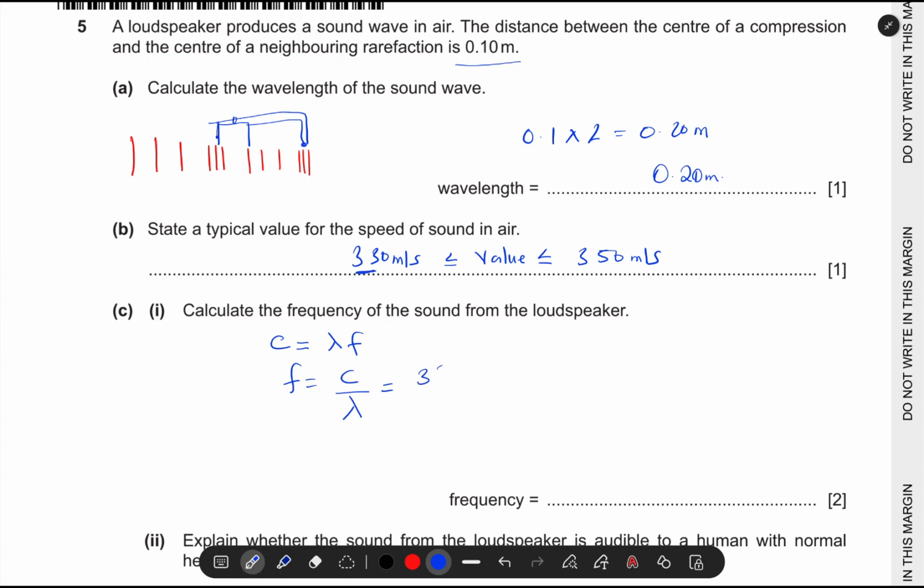Our speed is 330 meters per second, and we divide by the wavelength that we found at first, 0.20. On a calculator, 330 divided by 0.20, I'm getting 1650. Frequency is measured in hertz. So that becomes the final answer to the question.